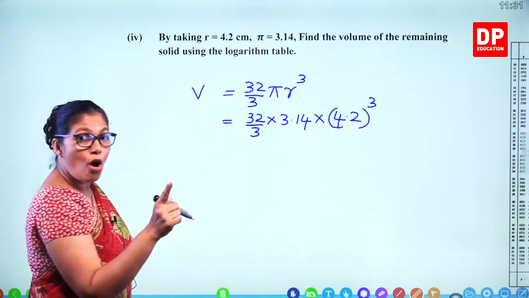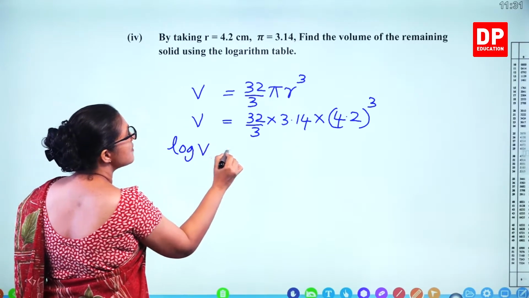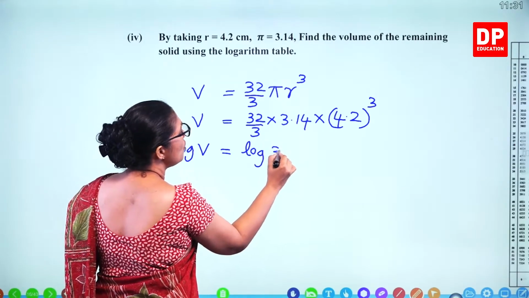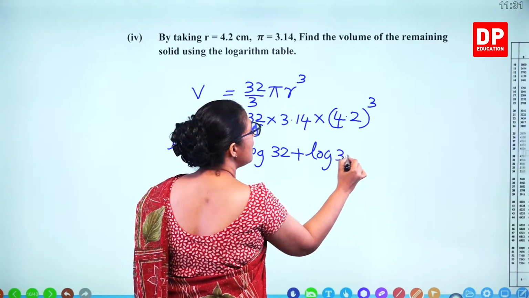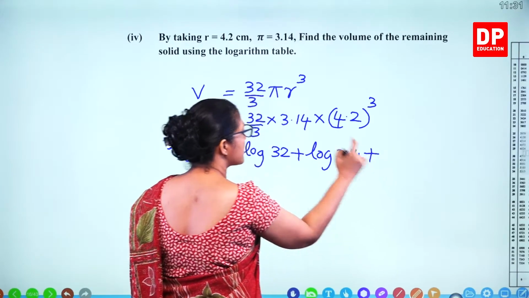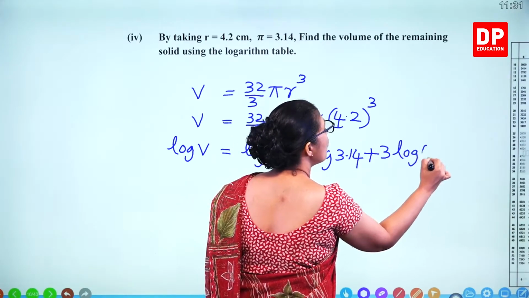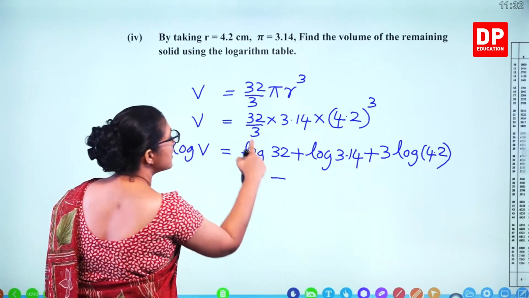Now take log both sides. Log of V is equal to log of 32 plus, multiplication means log addition, log 3.14 plus power 3, you can write 3 log 4.2 minus log 3.